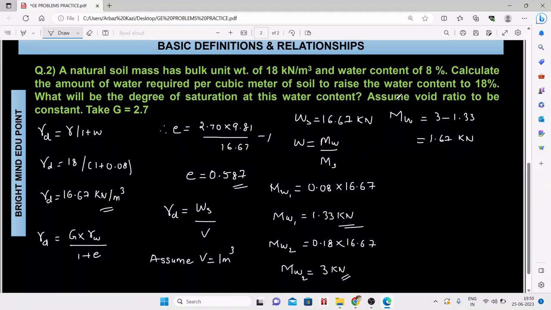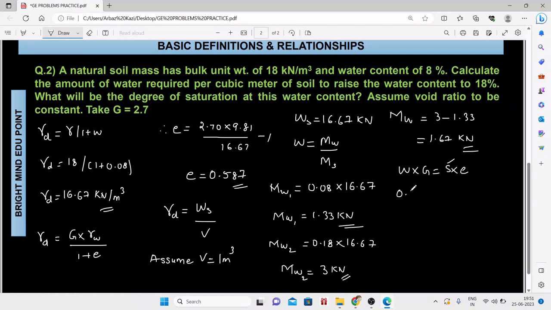Now we have been asked also to find out the degree of saturation corresponding to the water content of 18%. So we have the value of w, we have the value of G. So we'll use the expression w into G is equal to S into e, and we'll find out the value of degree of saturation.